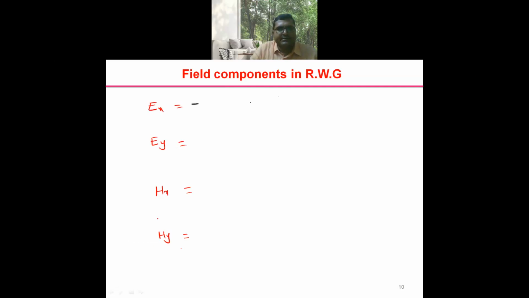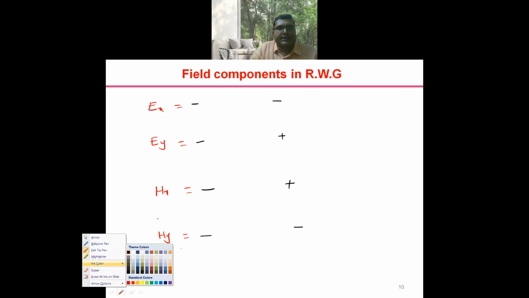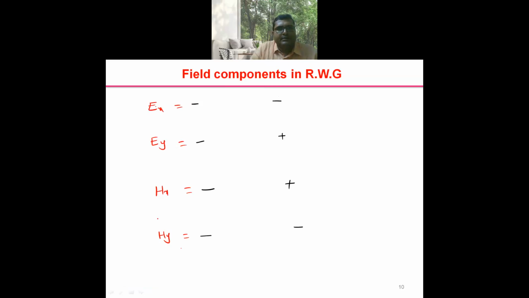Remember the notation: minus, minus, minus, plus, minus, plus, and minus, minus. For Ex, the first term for all the field components is gamma by h square.